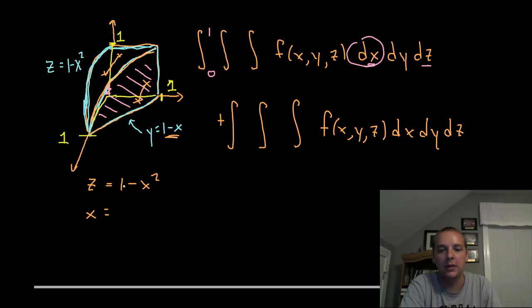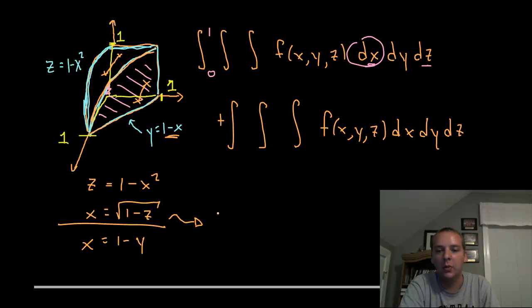So we'd have x equals, with a little algebra, the square root of 1 minus z, and then obviously x would equal 1 minus y. Now, if we set the square root of 1 minus z equal to 1 minus y, actually, let's solve this for z. That'd probably be better. z equals 1 minus y quantity squared.